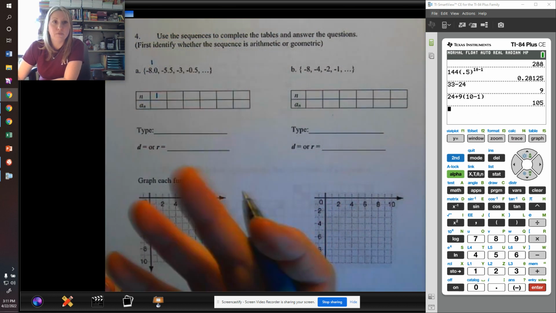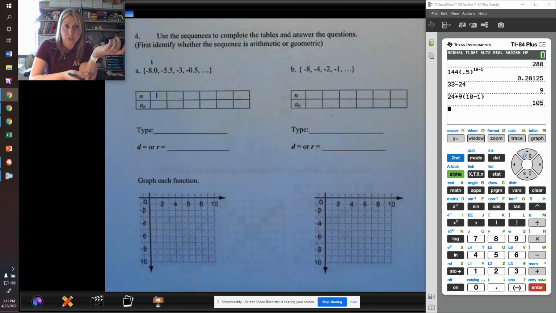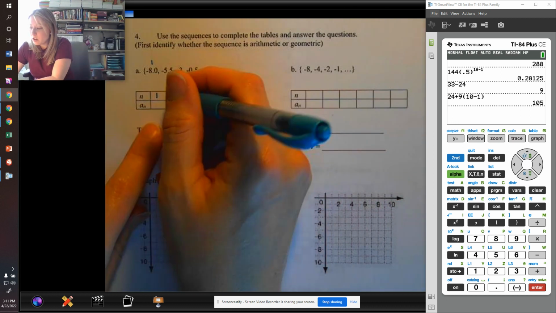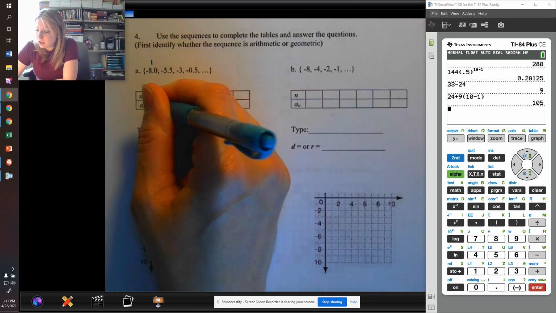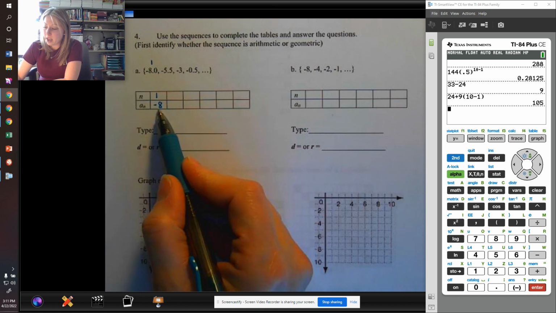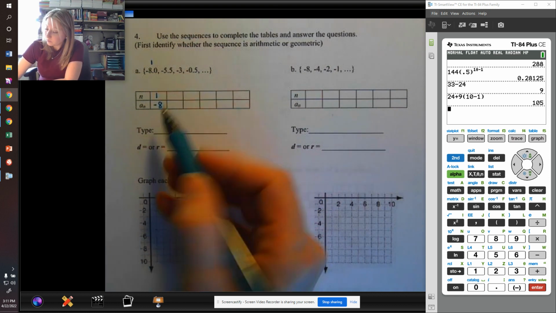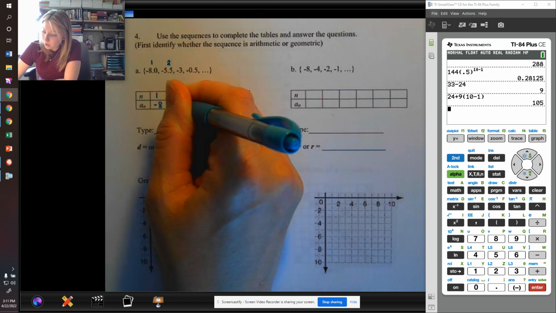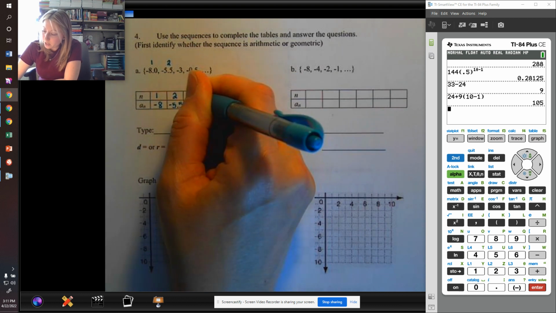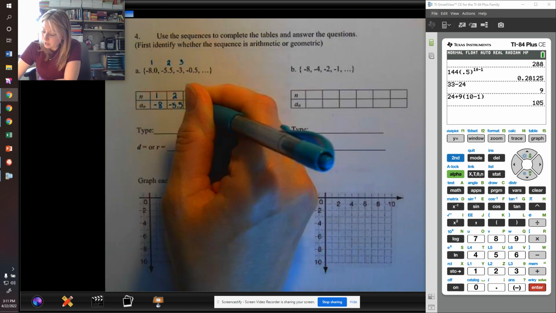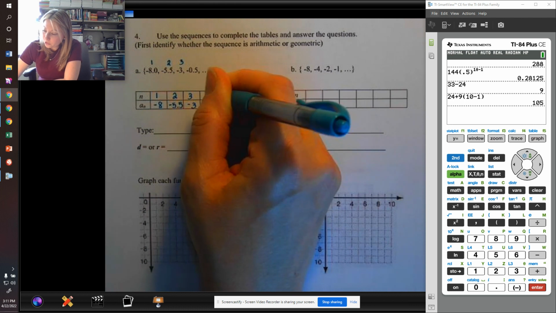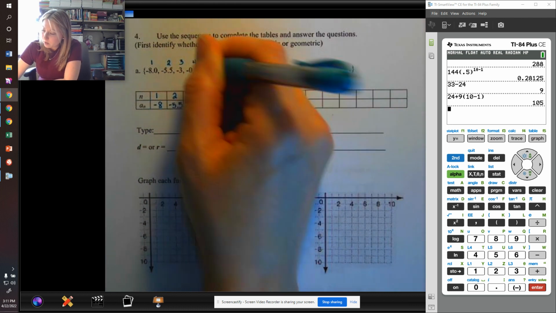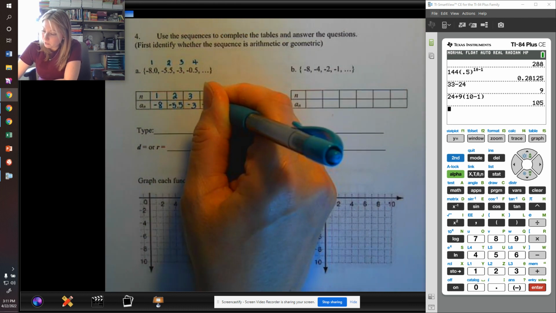That's your n value. So you're not going to have an n value of 0. Then you put that number in as the a sub n. So 2 would be my negative 5.5. 3 would be my negative 3. The fourth term would be negative 0.5.